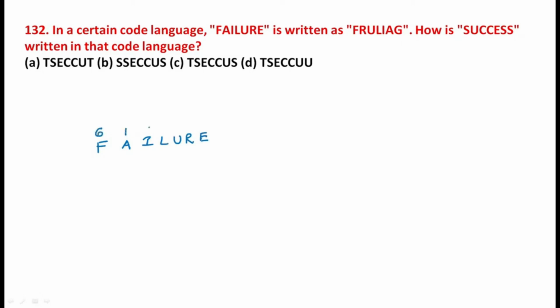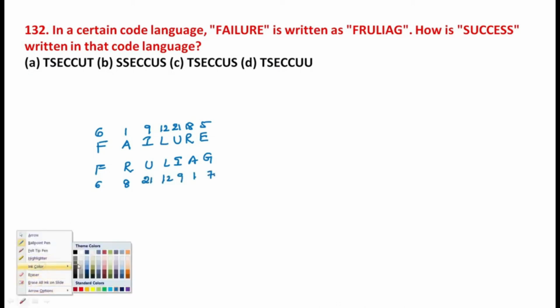F, A, I, L, U, R, E: 6, 1, 9, 12, 21, 18, 5. In the same way, here F, R, U, L, I, A, G. Now 6 here, 18 here, 21 here, L is 12, I is 9, A is 1, G is 7.